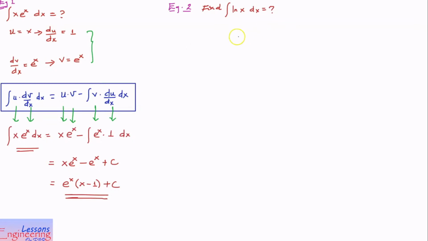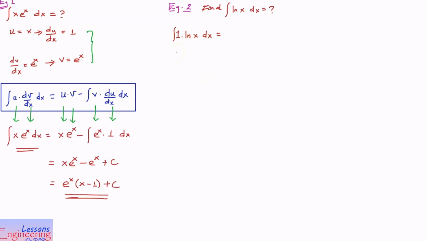So in that case, we'll rewrite this in the following way: the integral of 1 times ln x dx. This is equivalent to our previous function, and we can go on and solve this now.